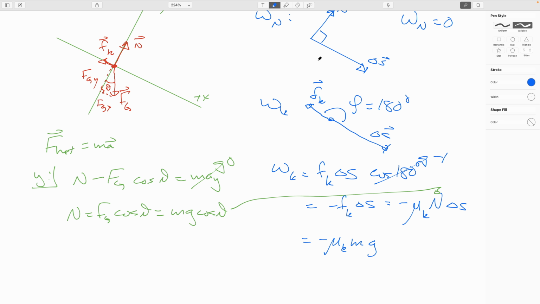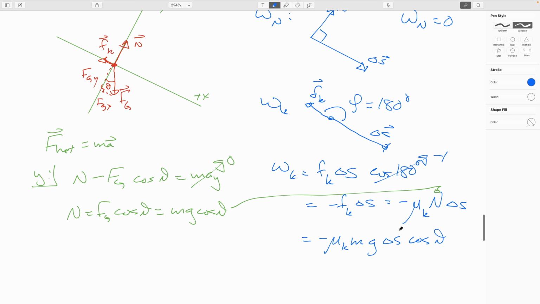There we go: minus mu k mg delta s cosine theta, which is not this angle here. That's the ramp angle. So in this case, we had two different angles we had to keep straight.